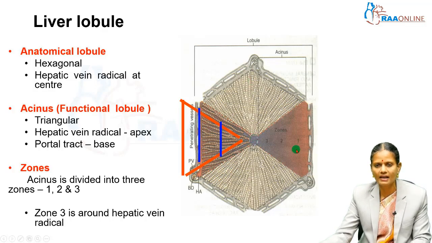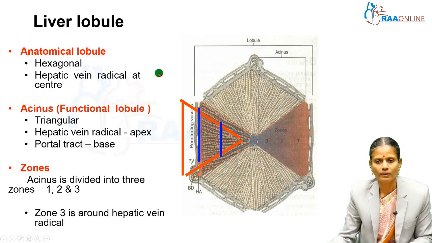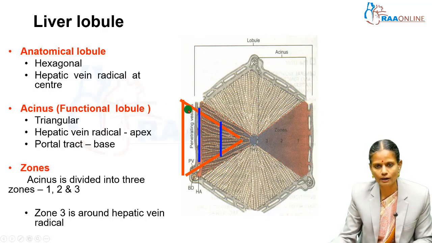So this is an anatomical lobule of the liver, and the functional lobule is known as the acinus, which is triangular in shape. So this is the triangle, and here the central vein, which was at the center in the lobule, is at the apex of the acinus. And the portal tracts are at the base.